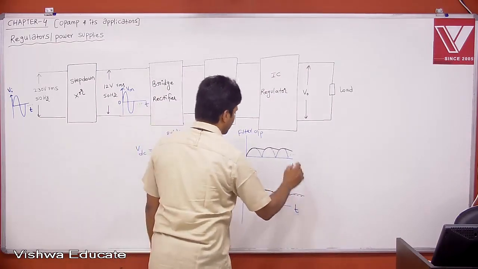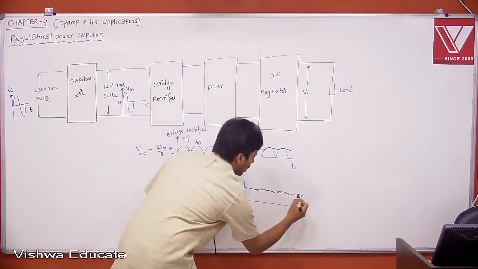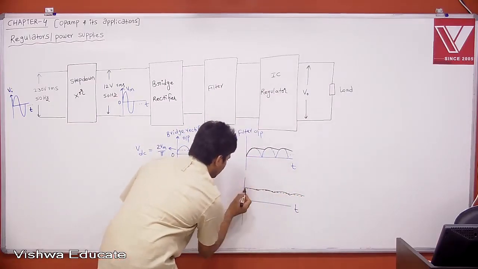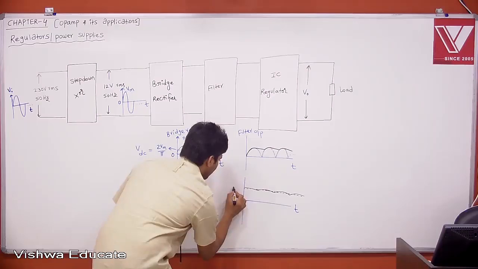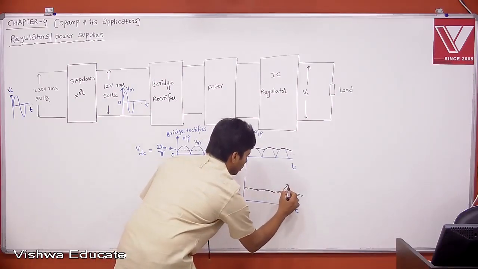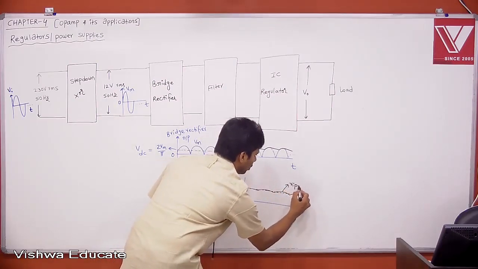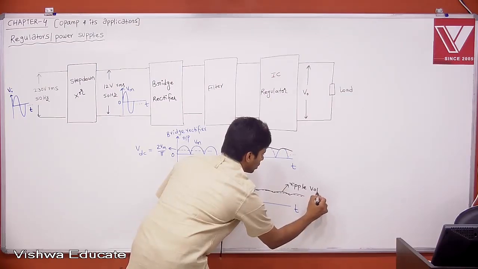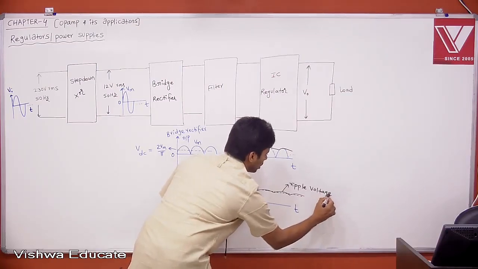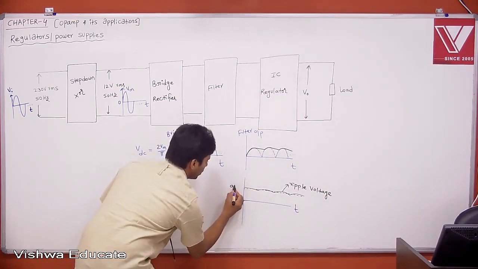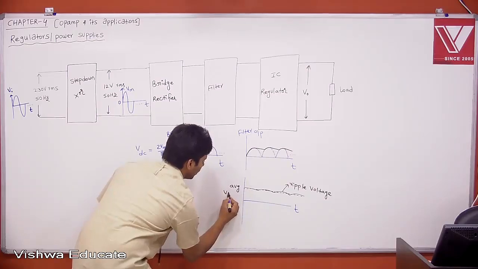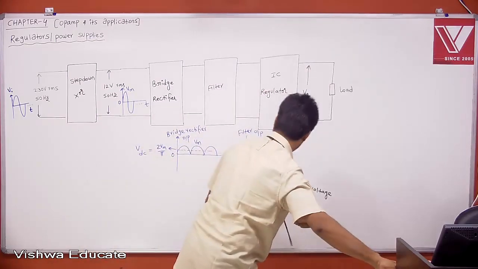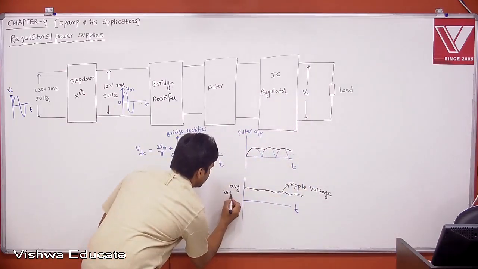This is what people call the ripple voltage. Above the average, this is the ripple voltage, and this is your average voltage, the filtered voltage or average voltage.